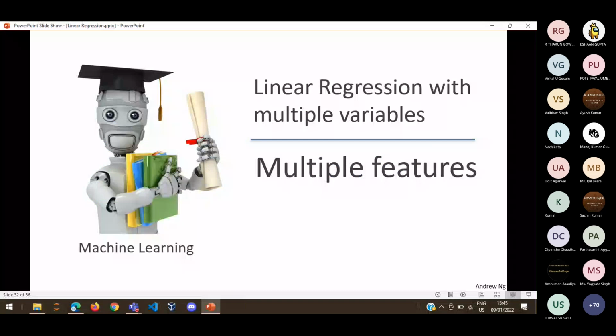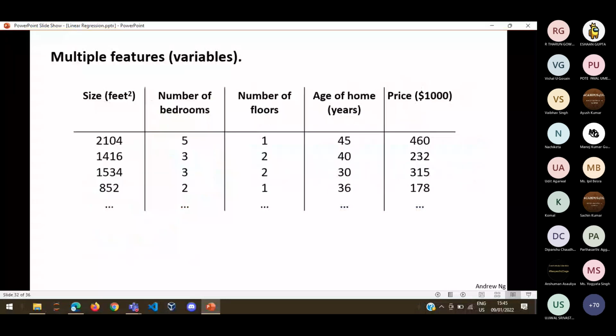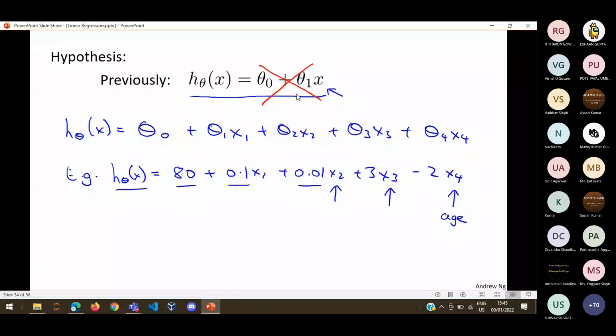In that case, nothing will change, only some minor changes. Your previous equation was the line, but now it will be in the form of this equation. Okay. The hypothesis is clear here for multiple features.